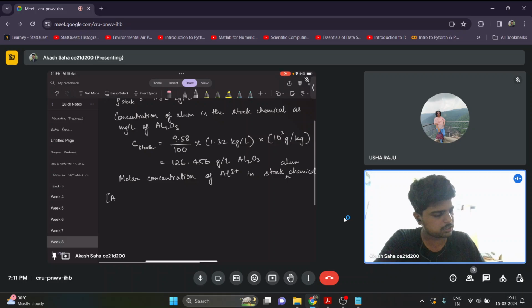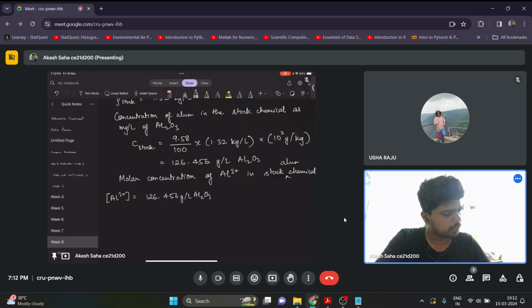My concentration of Al3+ will be, whatever is my concentration of alum, divided by the molar weight. 1 mole of Al2O3, as we have found out, has 102 gram of Al2O3.